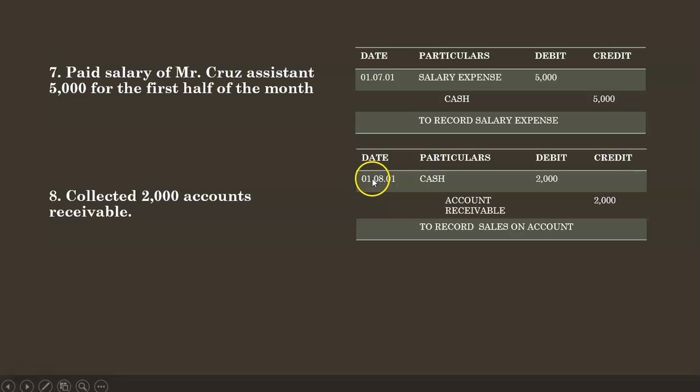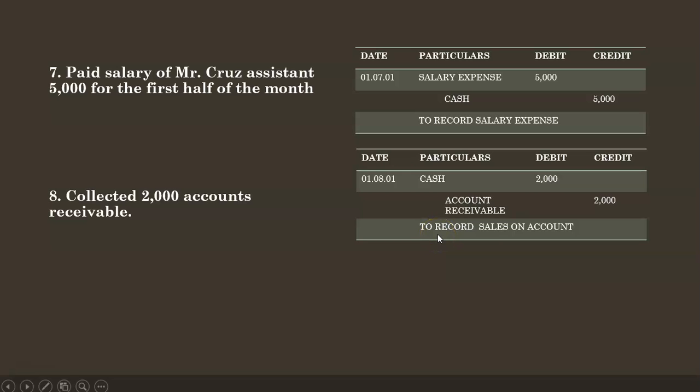Okay, the date is January 8, of course, and we have here the explanation to record sales on account. No, you have to change this. This is to record collection on account or the collected receivable. Okay, I just input the wrong explanation. I'm sorry for this.